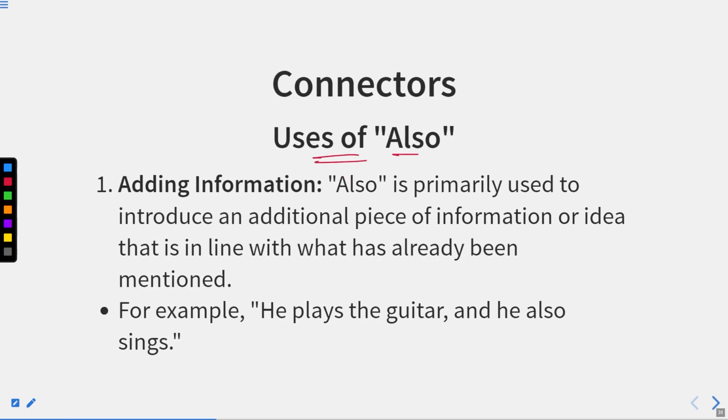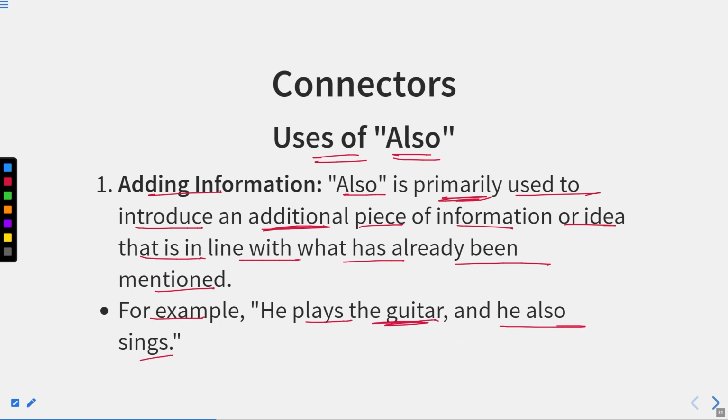Well, now we'll discuss uses of also. First of all, to add information. Also is primarily used to introduce an additional piece of information or idea that is linked with what has already been mentioned. It means what has already been said, we are adding something extra to it, and thereby we are using also. For example, he plays the guitar and he also sings.